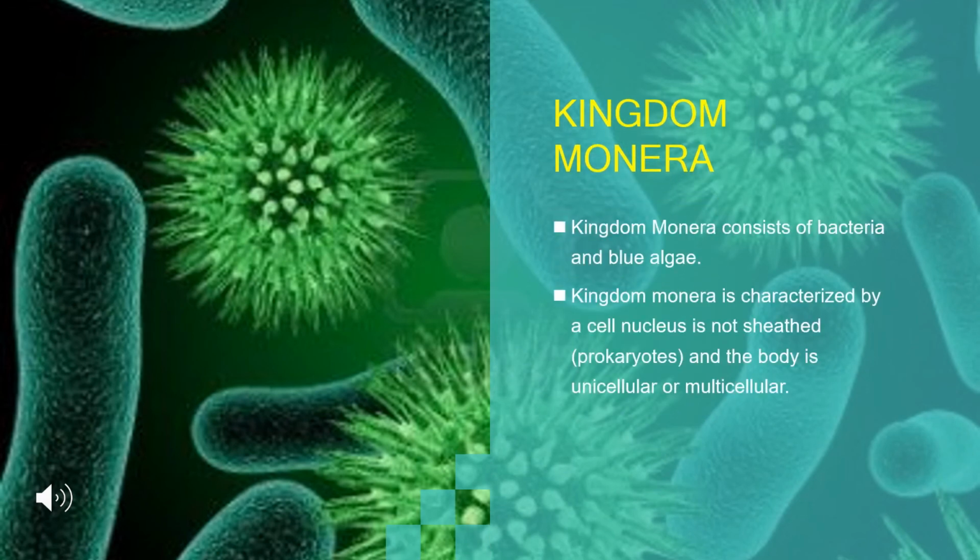The first is kingdom Monera. It is a kingdom consisting of bacteria and blue algae. It is characterized by a cell nucleus which is not sheathed, or prokaryotes, and their bodies are unicellular or multicellular.